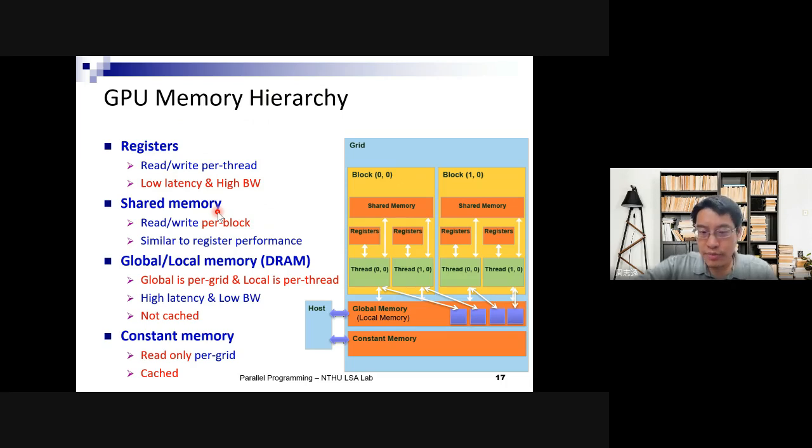So it's completely managed by the programmer, by your CUDA code. So it's very critical for the programmer to utilize this shared memory. And this is also what you will exercise in your next CUDA lab, which will be scheduled this Thursday. We will, of course, talk about shared memory a bit more in today's lecture.